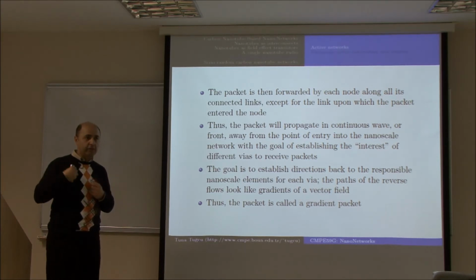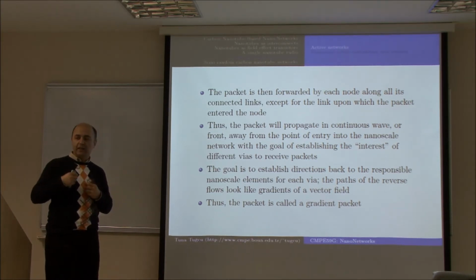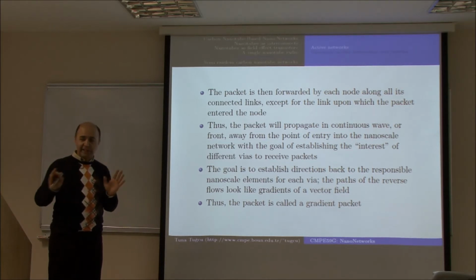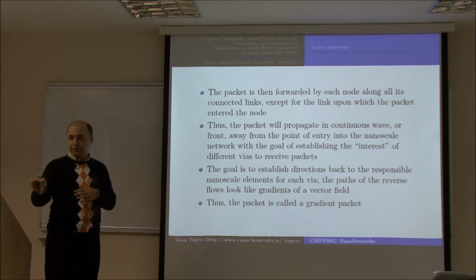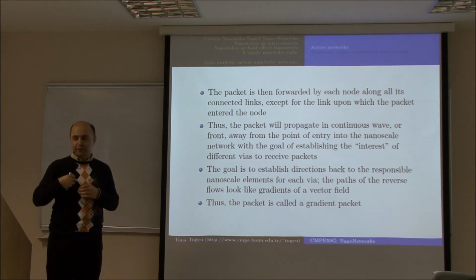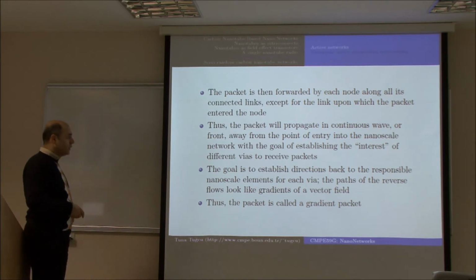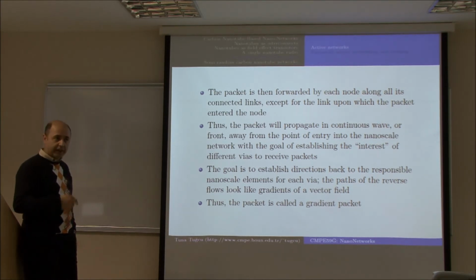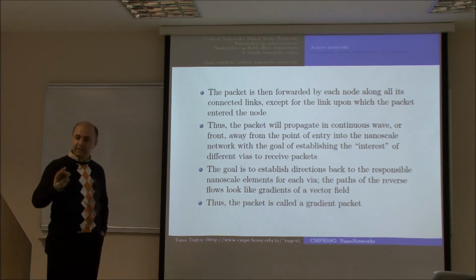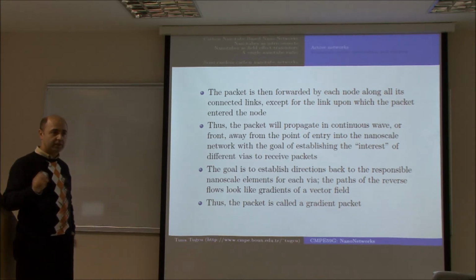So when I want to send something to the wire, I don't know exactly where the wire is, but I know I should go through you. So I will give the information back to you. Okay? So this would be called a gradient packet. This way I understand the gradient where the slope is highest. That would be the shortest path. Okay?